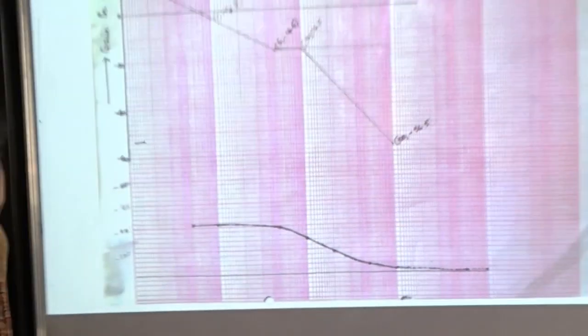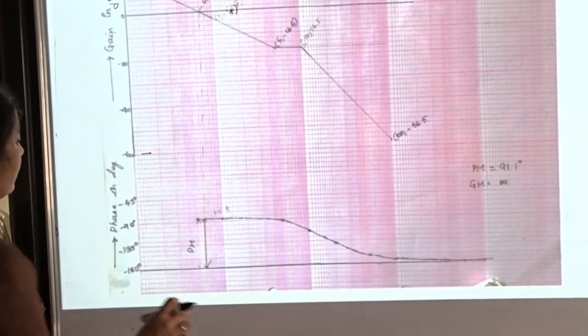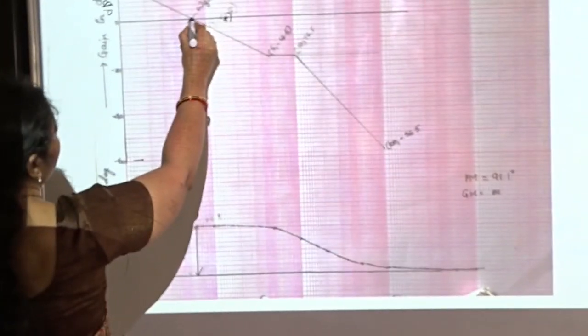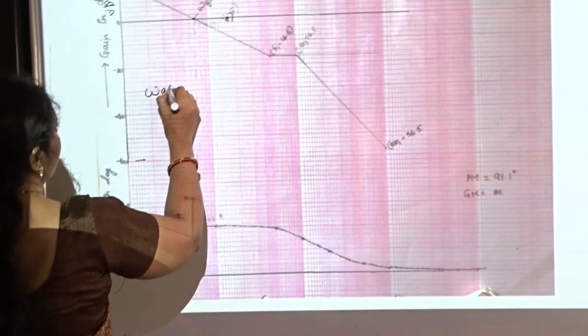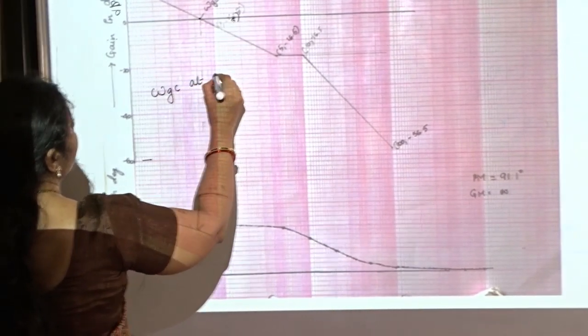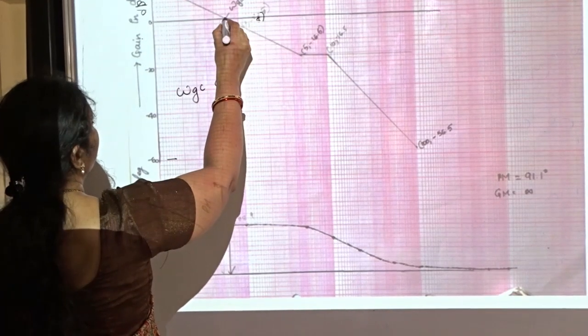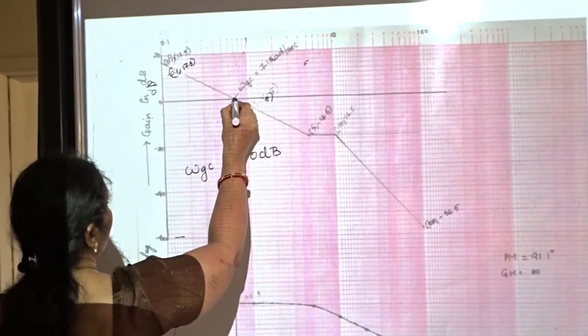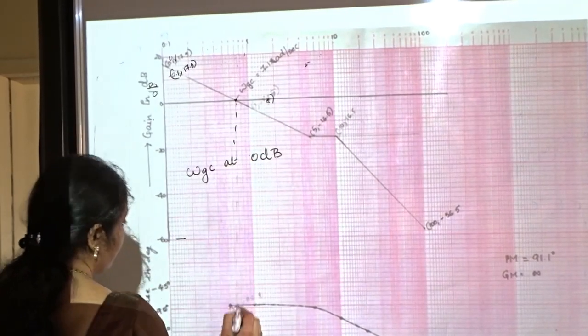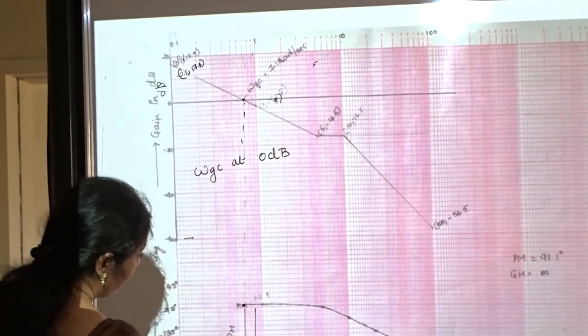Then coming to the phase margin, at this point you have the gain crossover. The gain crossover is the point where the gain becomes 0 dB. Bring it back to the phase plot, mark this, and find the difference.